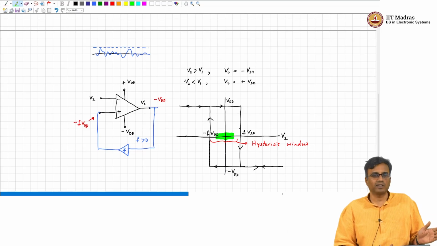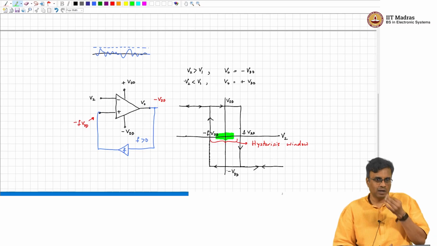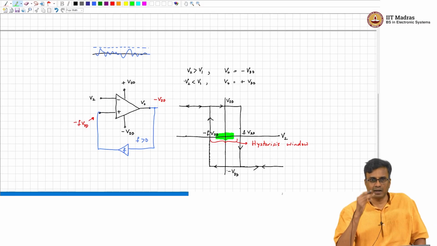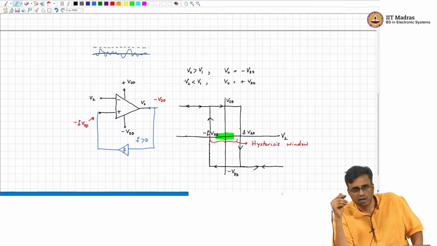Likewise, when the input is starting from the negative side and going positive, we want to be sure that the output doesn't switch sign unless the input is actually confirmed to be positive, and that it has to be greater than a certain amount to be considered positive.